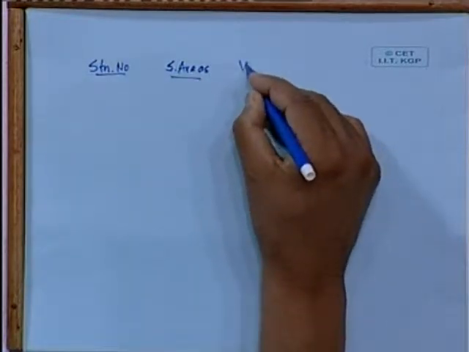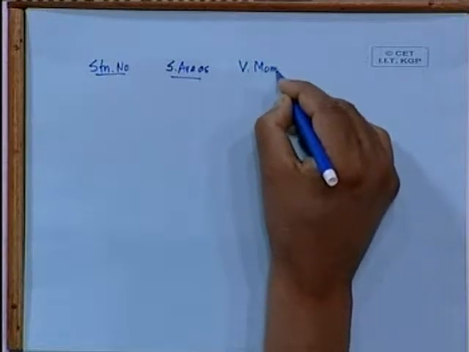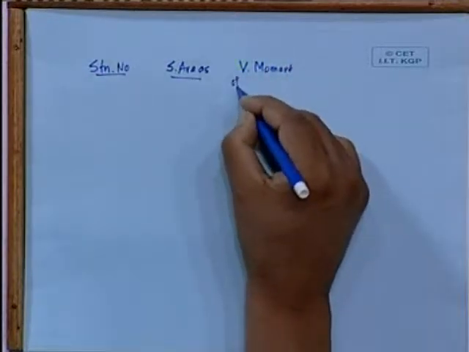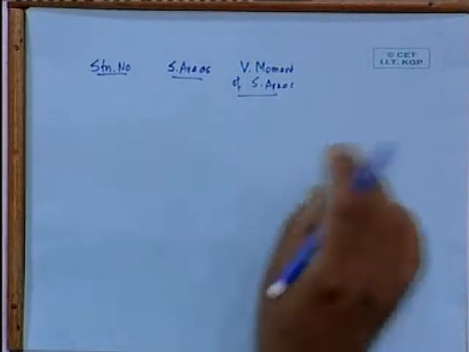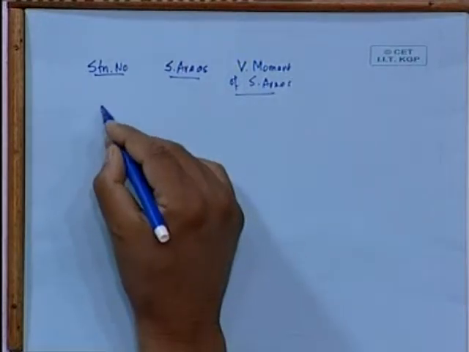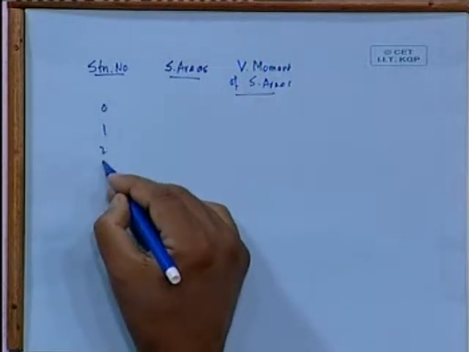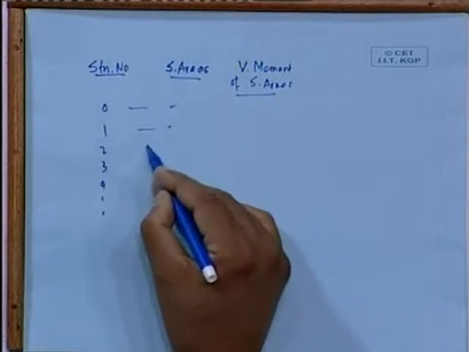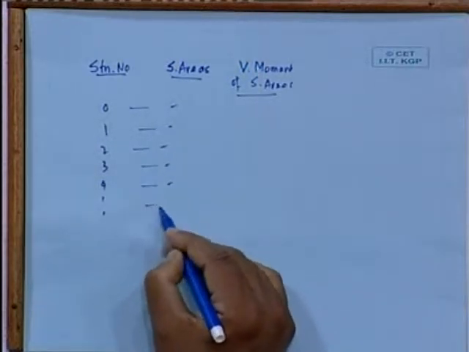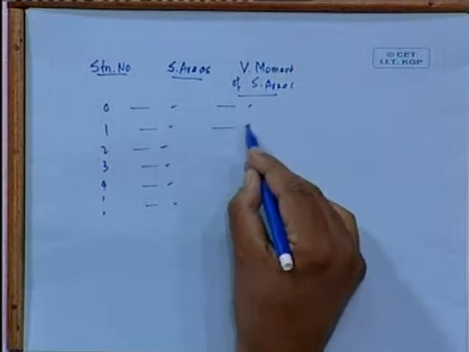I have the vertical moment of section areas. So the station numbers are say 0, 1, 2, 3, 4 like that. I have got these numbers, and I have got also this.